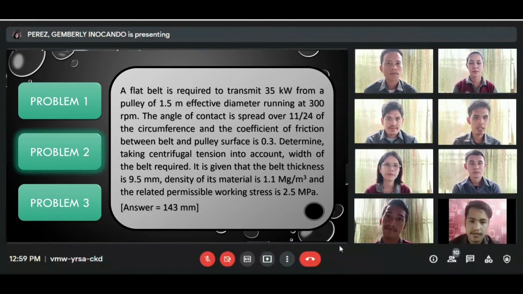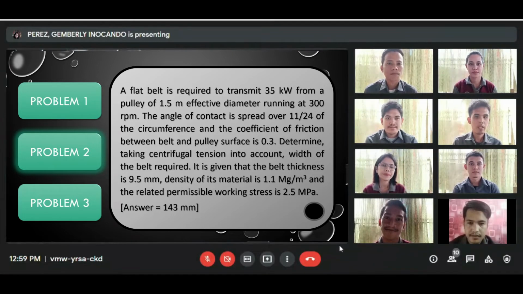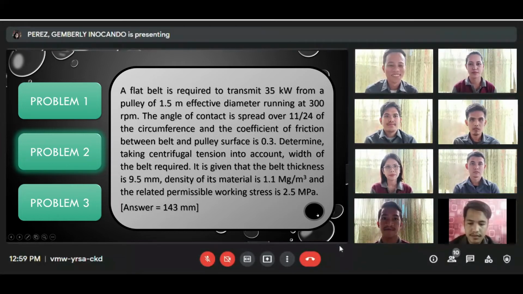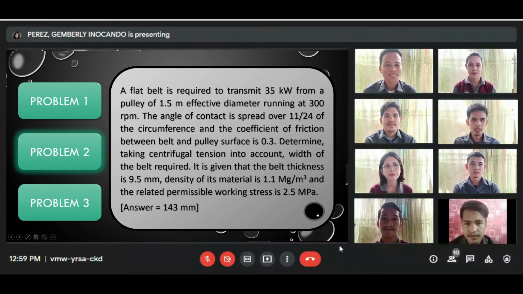It is given that the belt thickness is 9.5 mm, the density of its material is 1.1 megagram per cubic meter, and the permissible working stress is 2.5 MPa, or megapascal. These are the given.